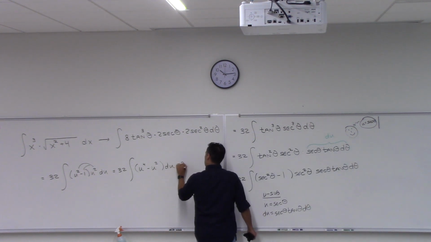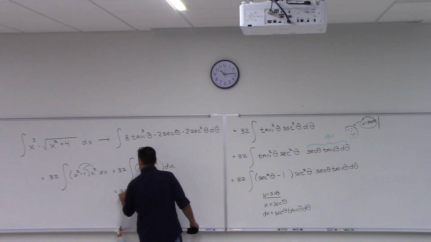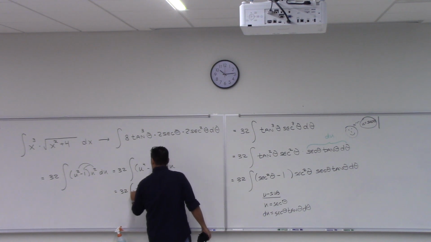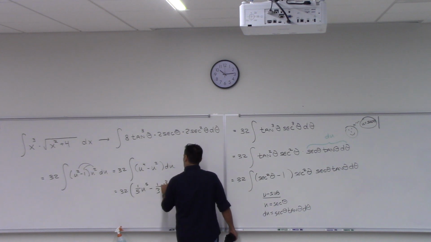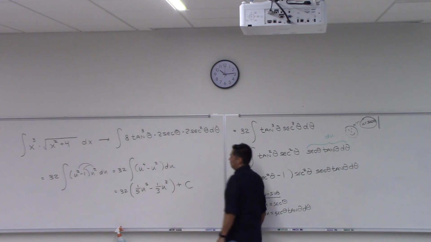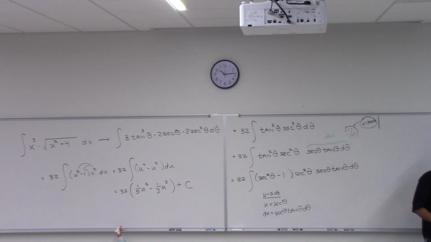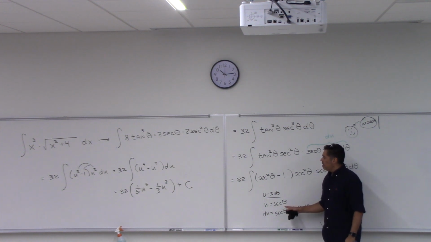So 32, well, I better do it below this. So 32, okay, I'm actually taking the antiderivative now, so no more integral sign. 1/5 u to the fifth minus 1/3 u to the third plus c. What was u? Secant theta.